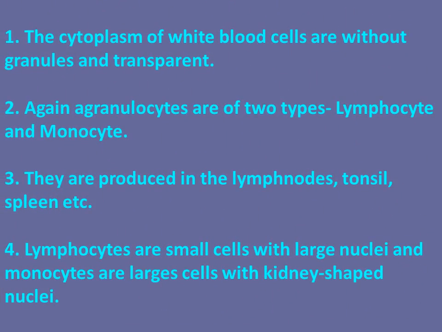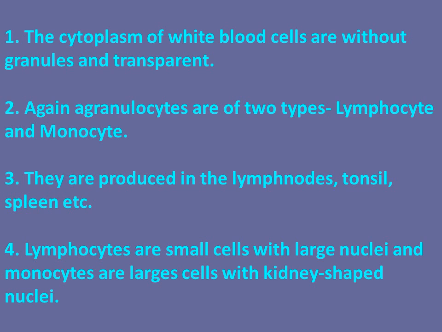The cytoplasm of white blood cells which are without granules and transparent are known as agranulocytes. Again, agranulocytes are of 2 types, lymphocyte and monocyte.